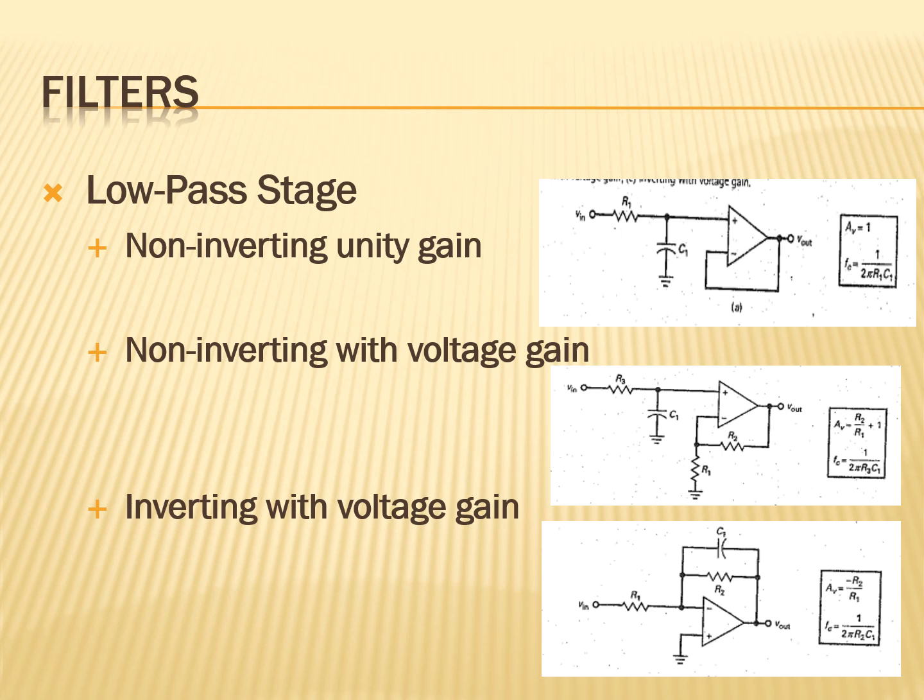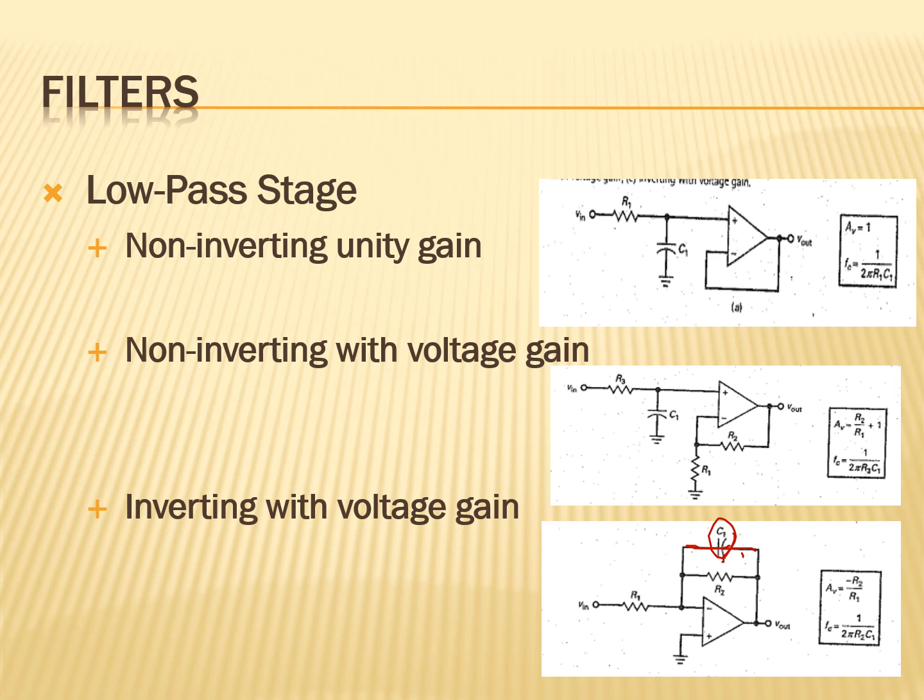If we want an inverting stage with voltage gain, we put it in this manner. At low frequency, the capacitor is open. When the capacitor is open, all we have is a simple inverting amplifier with a gain equivalent to negative R2 over R1. But at high frequency, if the capacitor is shorted, we have your low pass filter.